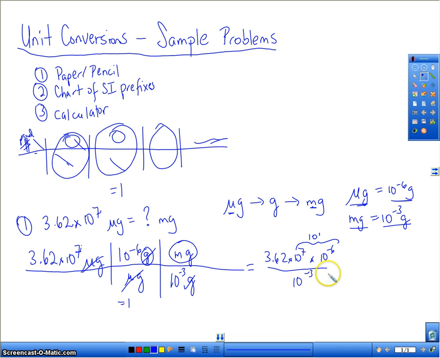Then I'm going to bring this 10 to the minus 3 up to the top, and when I bring it up, it's going to be 10 to the positive 3. So I'll have 3.62 times 10 to the 1 times 10 to the positive 3, because I brought the negative 3 up to the top and made it a positive 3. That's going to make 3.62 times 10 to the 4th milligrams.